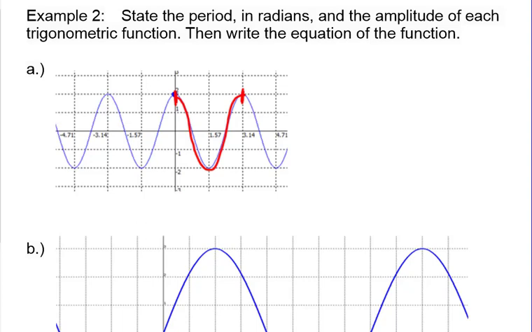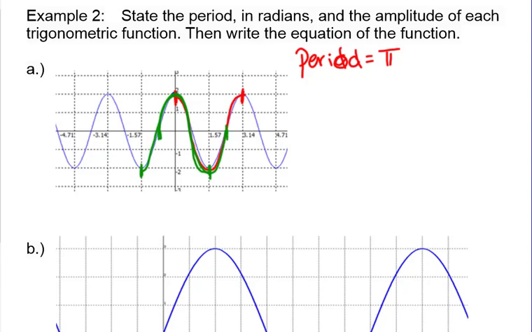So from 0 to 3.14, well, that is pi, the period. But you can really look anywhere. You don't have to look at those points. Like I could look at this point, well, my graph starts to repeat right there. I could look at this point, my graph starts to repeat right there. You can pick any point as long as you find the repeating point.